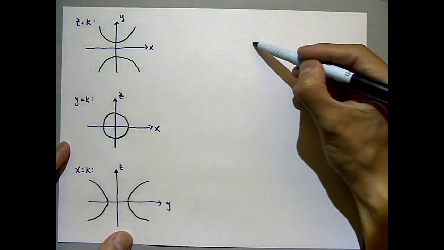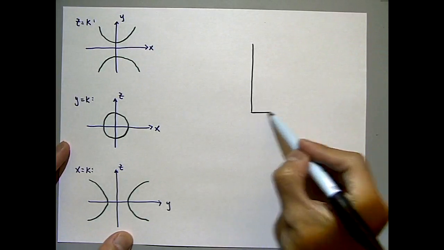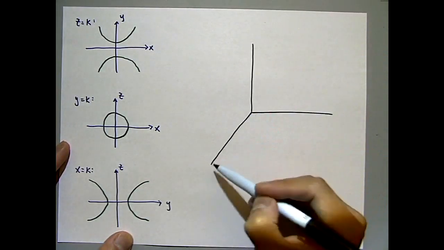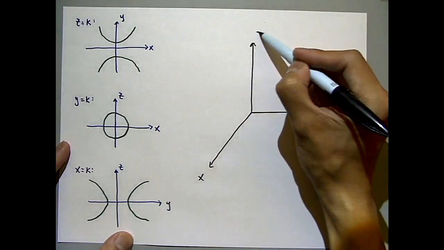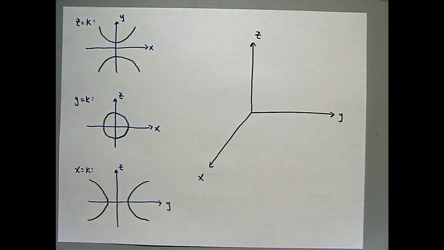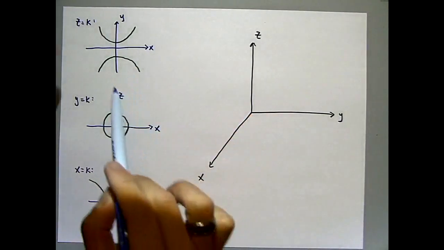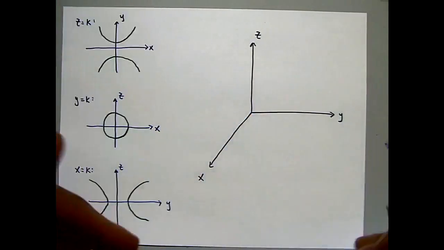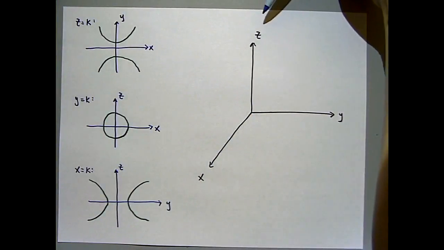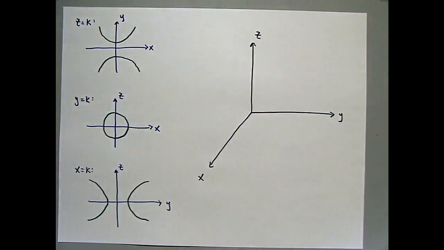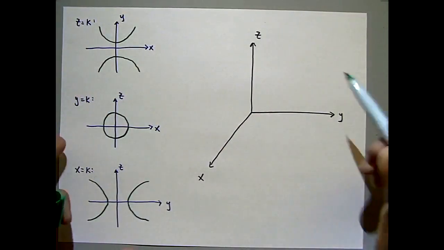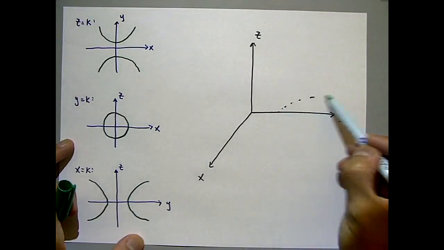Okay, now we put this all together. This one here is what we will see when we look from the top down. So imagine we're hovering above the xy plane looking down. We see this. What that means is that on the x and y plane, we're going to see this kind of thing.